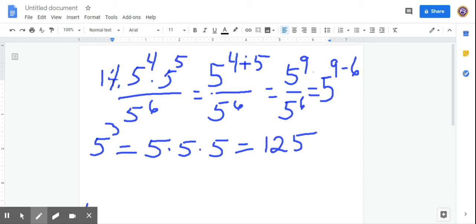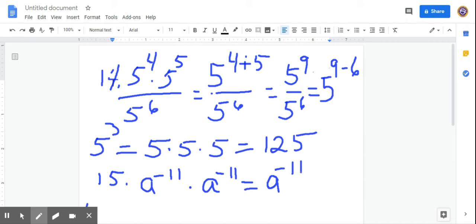Number 15. Number 15, we have a couple rules going on here. You have a to the negative 11th times a to the negative 11th. Well, we're multiplying. So when we multiply, we keep our base and we add the exponents.